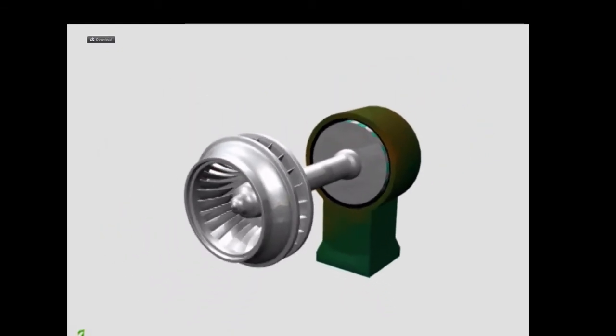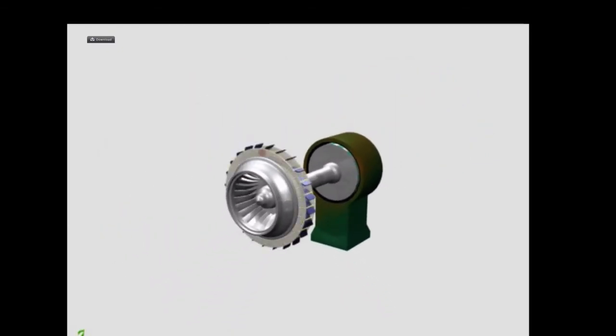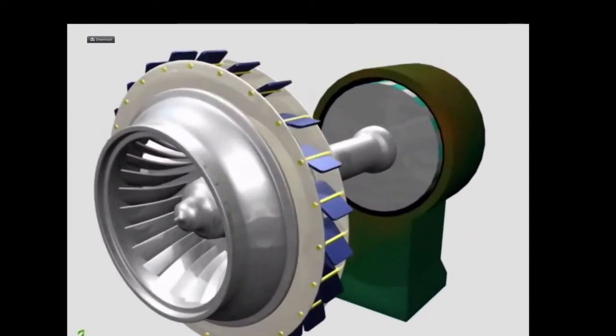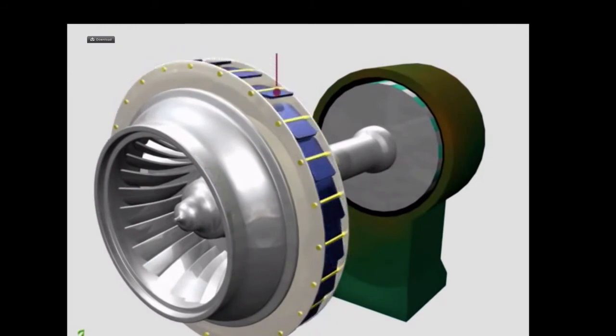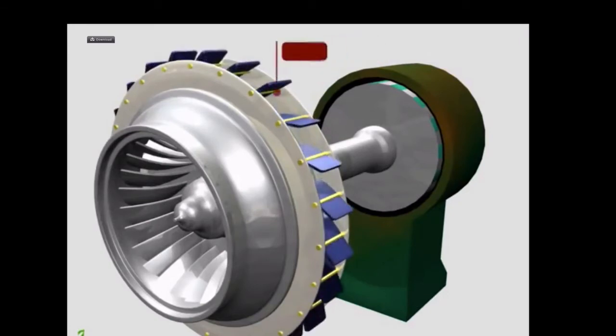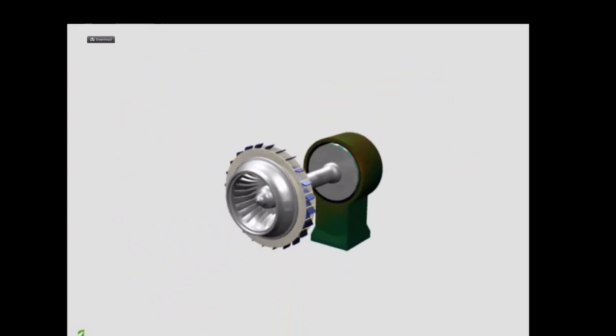And a Francis turbine is merely the opportunity to run fluid into a turbine. It goes in at some velocity, and comes out at a different angle and a different velocity also. Even if it's the same speed, it's a different velocity. And as a result of that, it turns a machine such as this.